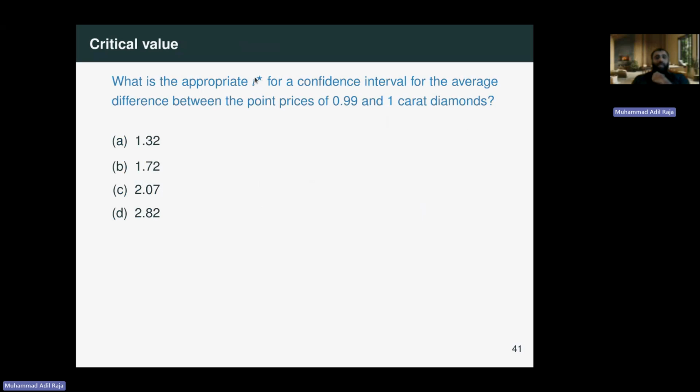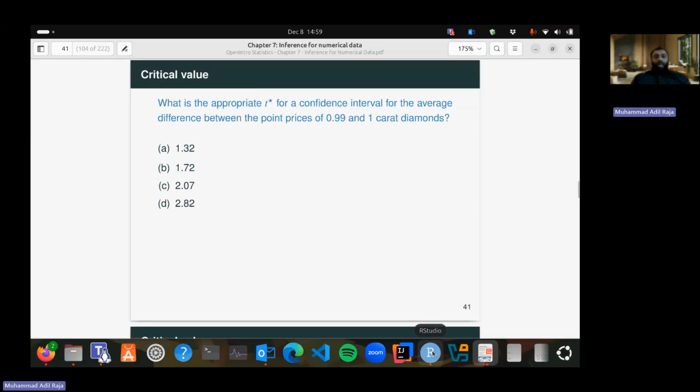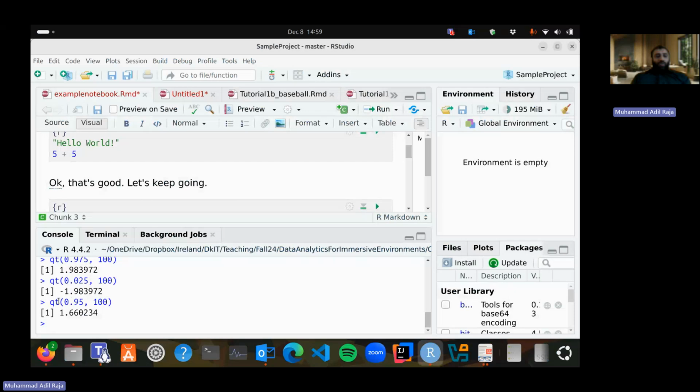However, T star can also be calculated in R by using the QT function. In this, the first argument we supply is the confidence level, and the second argument is the degrees of freedom. Okay, I'm just checking over here what the value is.